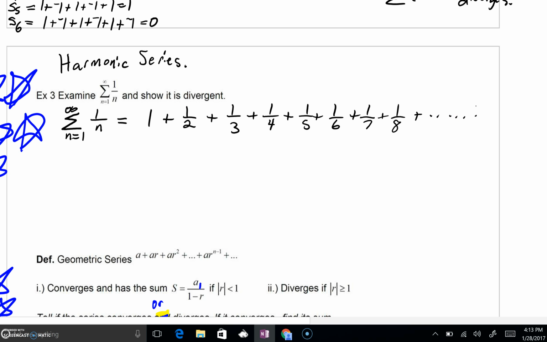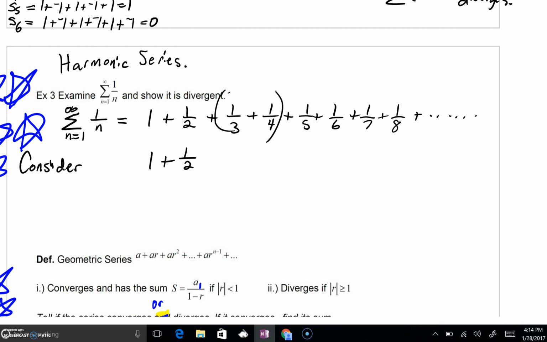Now, the big question is, how in the world can we see that this actually is going to diverge? Well, let's set up another series to compare. Consider that I had 1 plus 1/2, but now I'm going to look at 1/3 and 1/4.